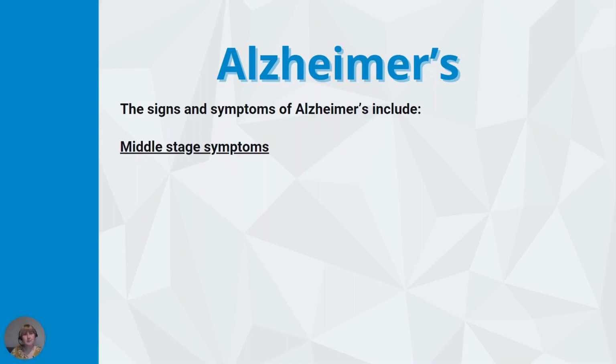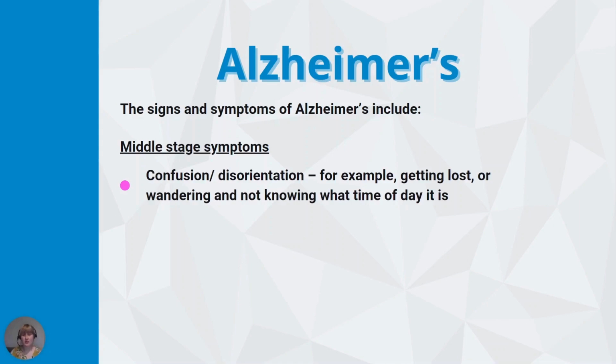Moving on to middle stage symptoms, we have confusion and disorientation. The person can get lost quite often, forget what they're doing, they're often found to be wandering, and they can also get confused with the time and day. They can become quite obsessive, and they could have repetitive behaviour and impulsive behaviour. This is when you find that the person's personality starts to change.